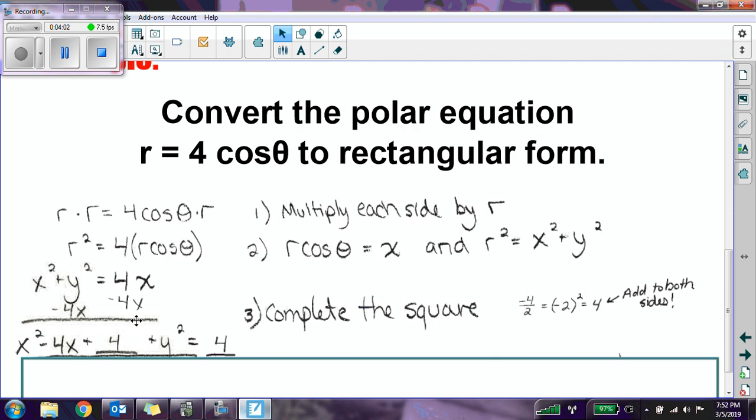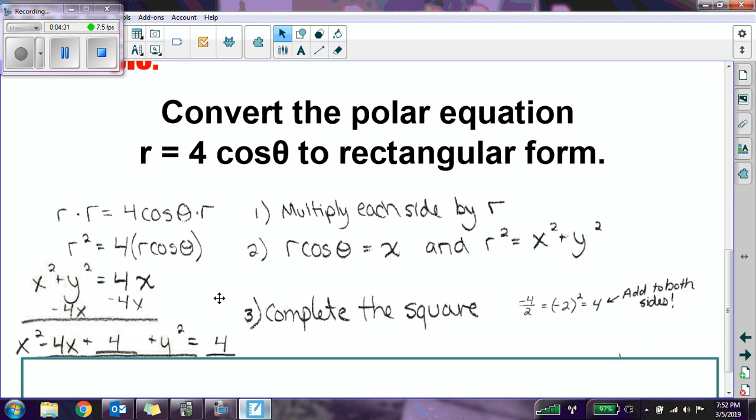Now we just need to rewrite this into an equation form that we're familiar with. Since this term has an x with it, I'm going to subtract it over to the other side. In this case, I'm going to try to complete the square. So I'm going to take this middle b term, divide it by 2, and then square that, so I know what value to add to both sides of our equation.